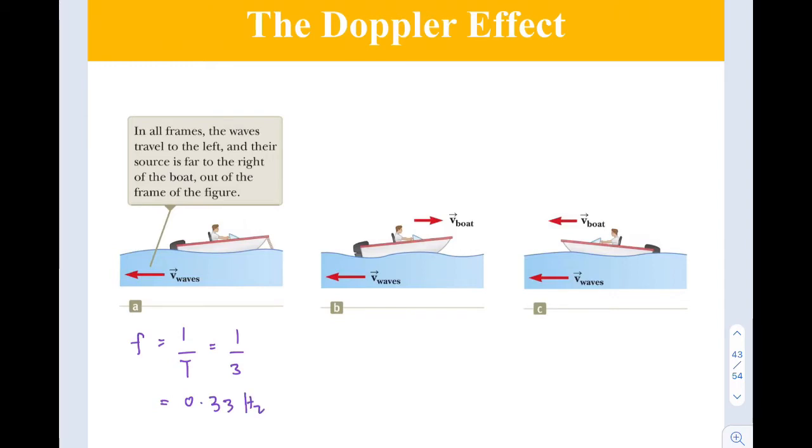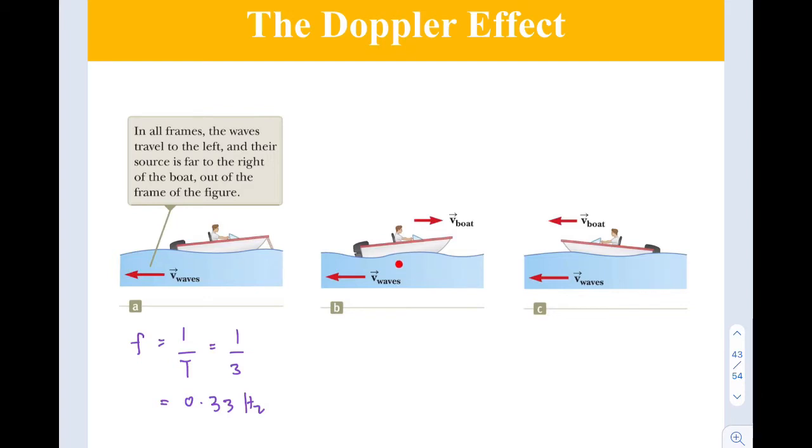Now suppose you pull up your anchor, start your motor and head directly into the oncoming wave. So you are moving to the right because the wave is moving to the left. When you are heading into the oncoming wave, you are moving against the direction of the wave motion.